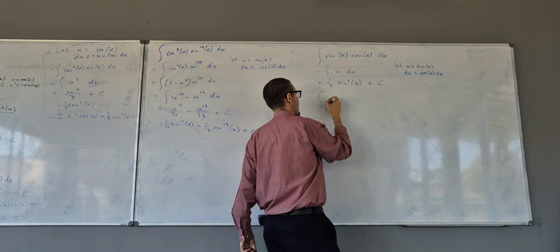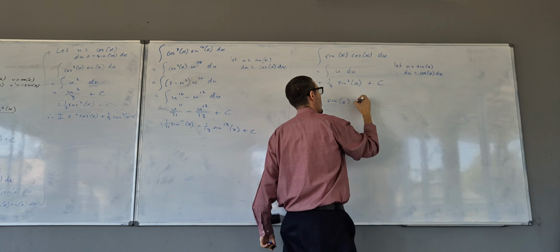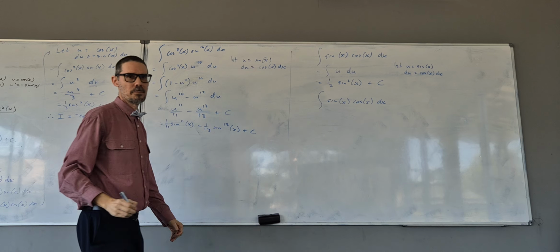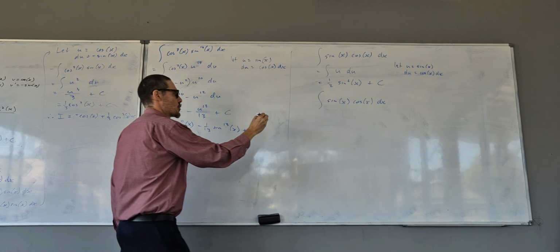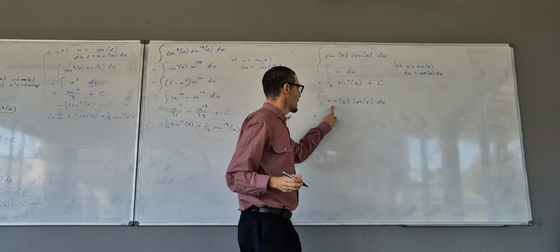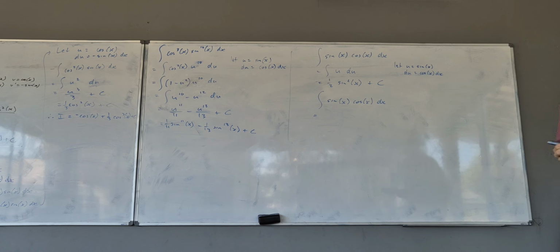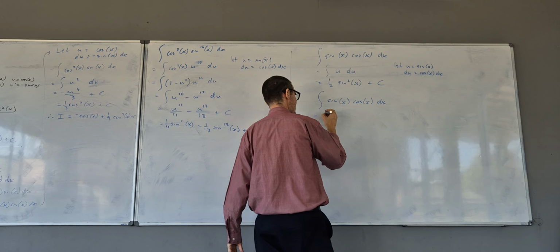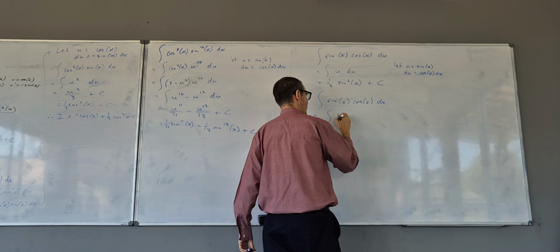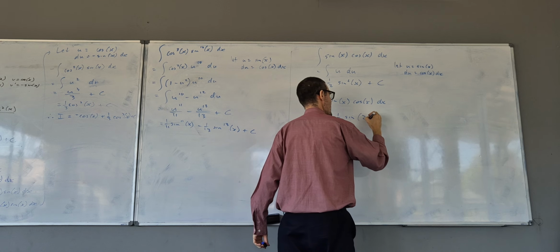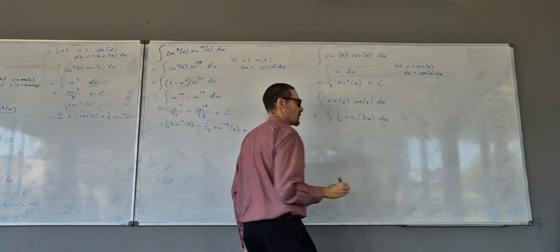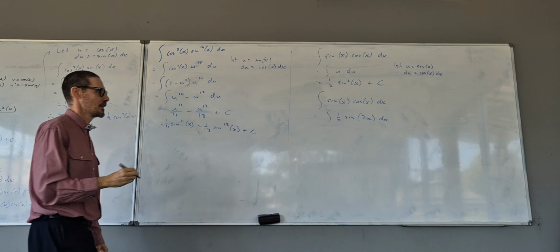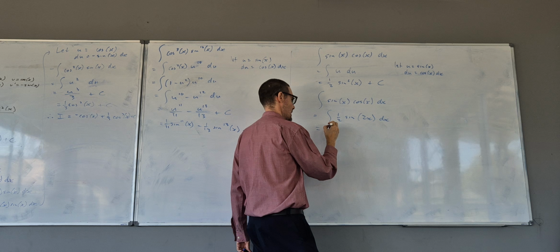Here's another. You have a trigonometric identity that has sine times cos. Half sine 2a? Yes, in this case, correct. So it's going to be half sine 2x. And I can do that.